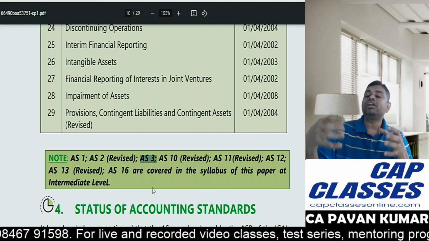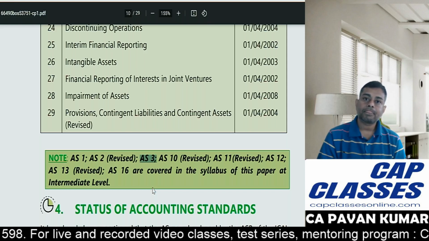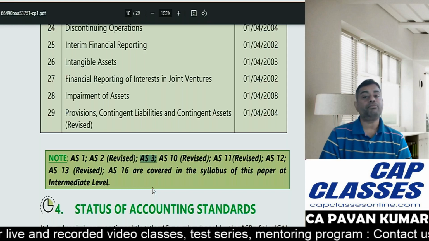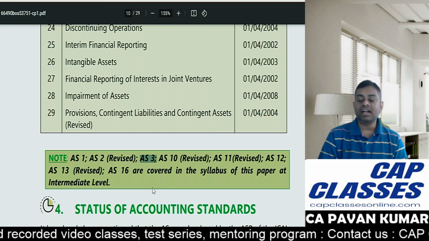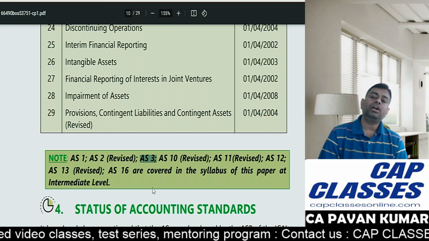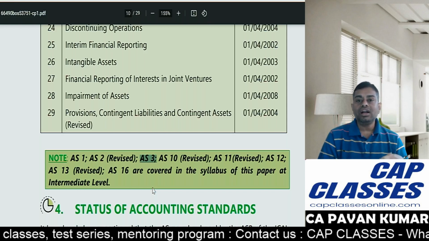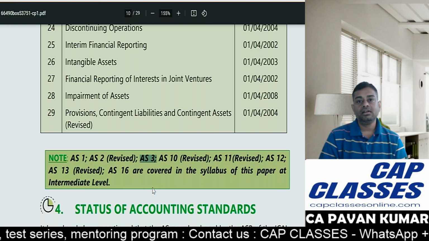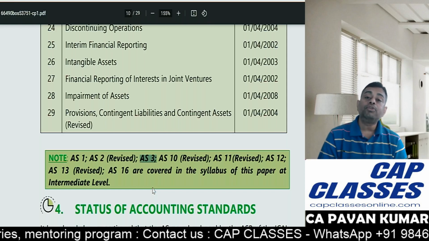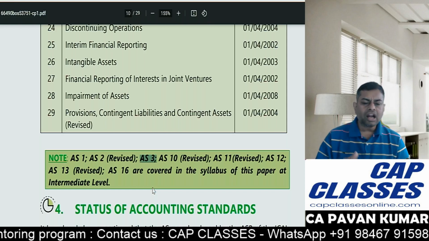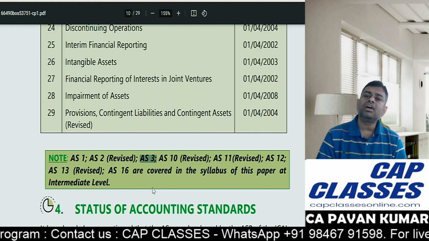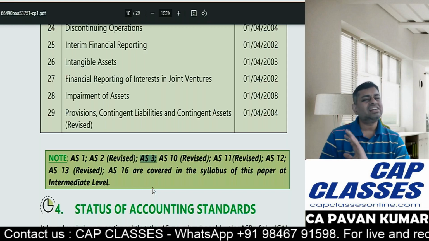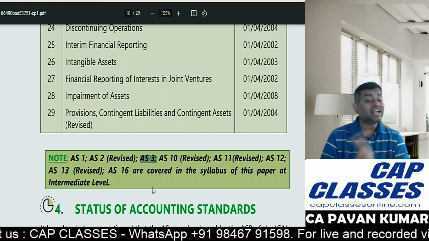That means these two areas, accounting standard 3 and 13, are capable of becoming a complete chapter for you. They have that level of scope. You understand? And accounting standard 3 is very important. Pavan sir, what about accounting standard 13? 13 is also important, but whatever you learn in accounting standard 13 will be outdated by the time you come to the real world, because there is a new set of investment accounting standards in CA Final that is being implemented.